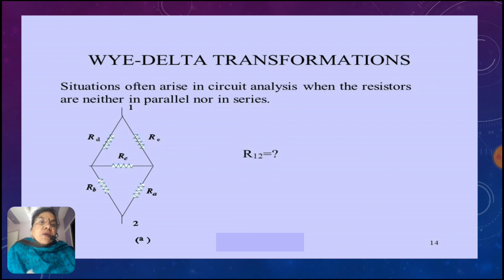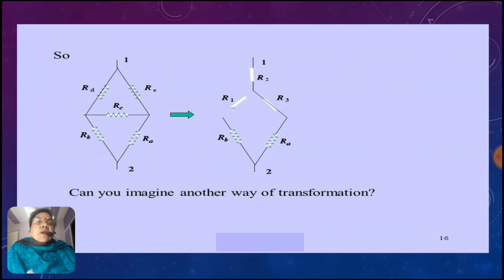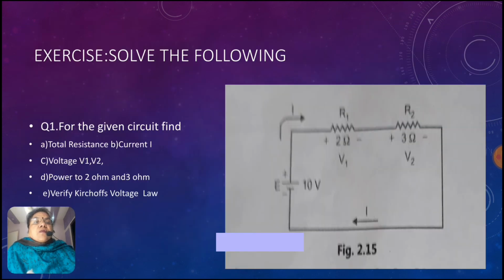So in this case you have to find out the total resistance between the point A and B. Now another connection is Y type connection. It just looks like the Y symbol. Can you imagine another way of transformation? A delta is converted into Y.